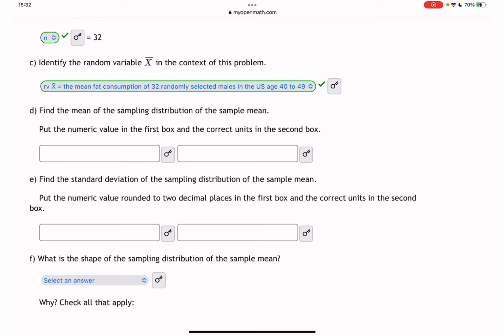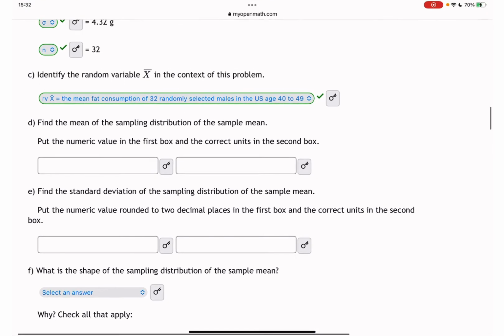Next one. Question D, find the mean of the sampling distribution of the sample mean. So we have the sampling distribution of the means, and we are taking the mean of the sampling distribution. Put a numeric value.